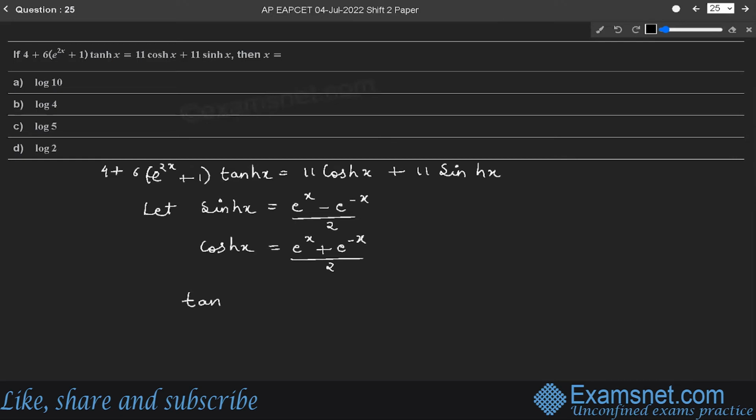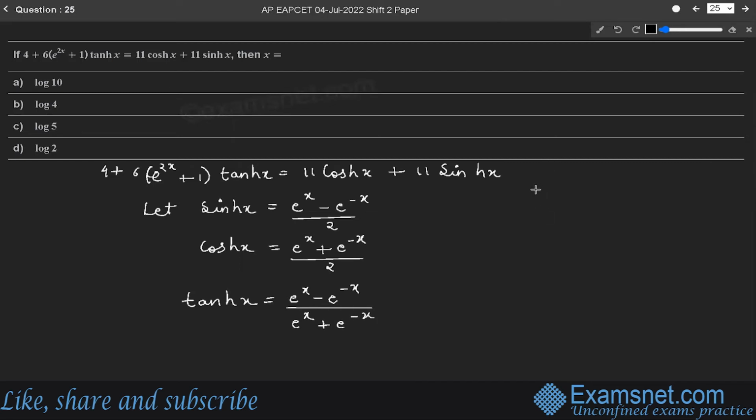Therefore, tan hx will be equal to sin hx upon cos hx, which is (e^x − e^−x) divided by (e^x + e^−x). The 2 and 2 will be cancelled on division.